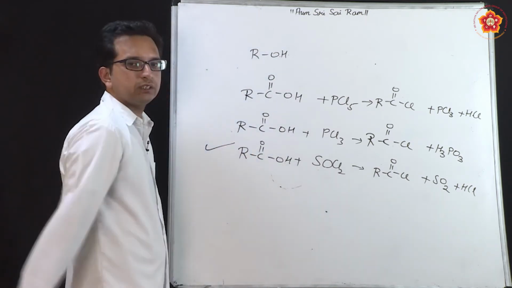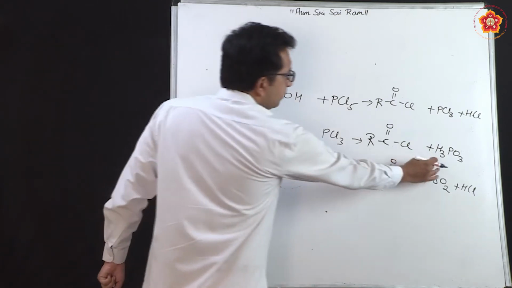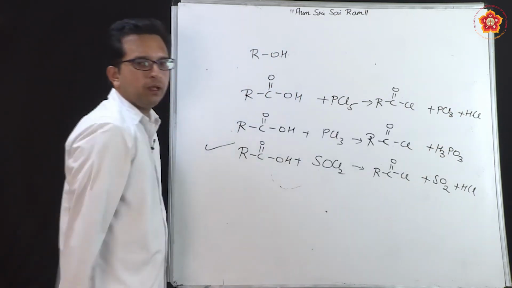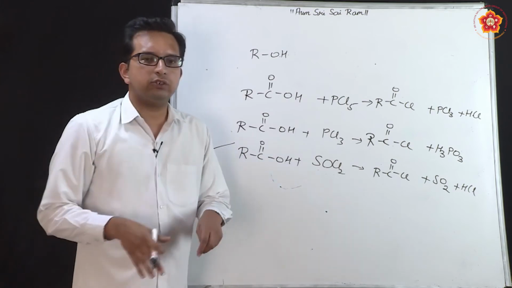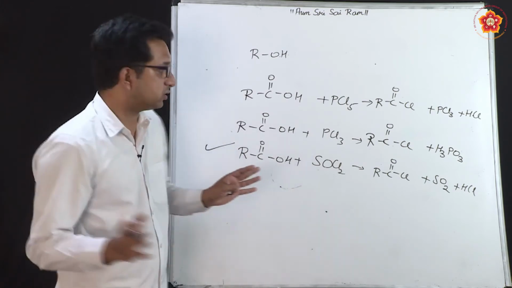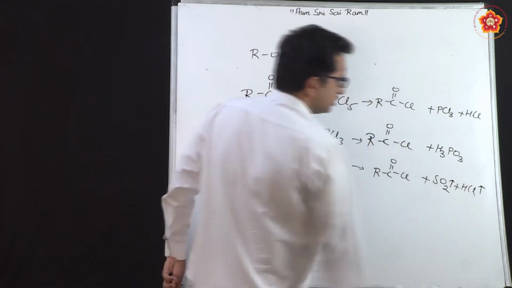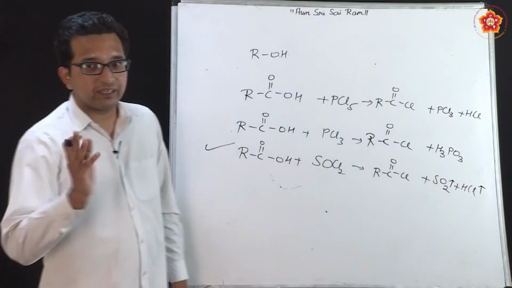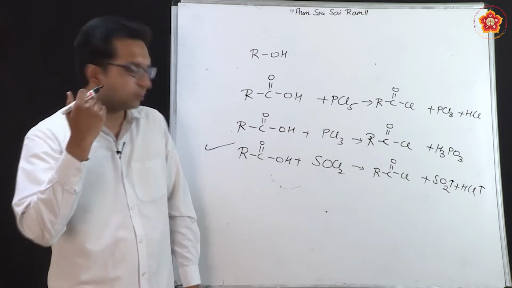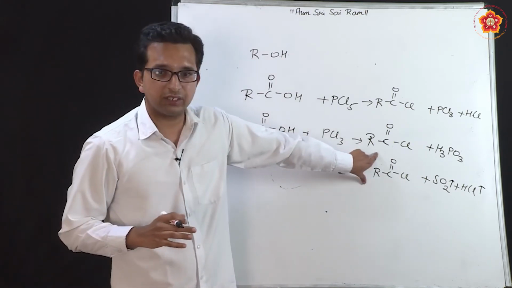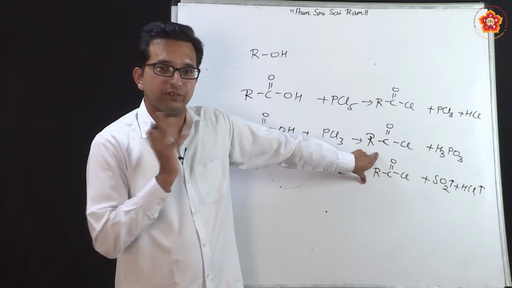This is the reaction with thionyl chloride, because in the others the byproducts formed were all inside the solution. So, again you have to employ separation methods, but the best thing about this is that both of these formed are gaseous in nature. The moment they are gaseous, they can go out by themselves. So, what remains in the mixture is only the acyl chloride which has been formed.